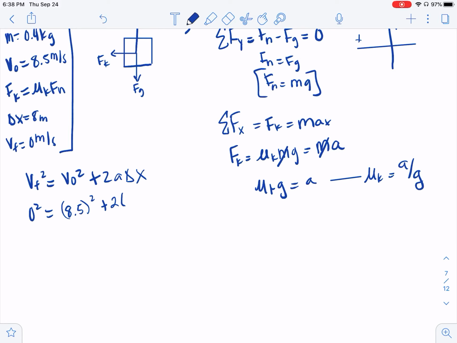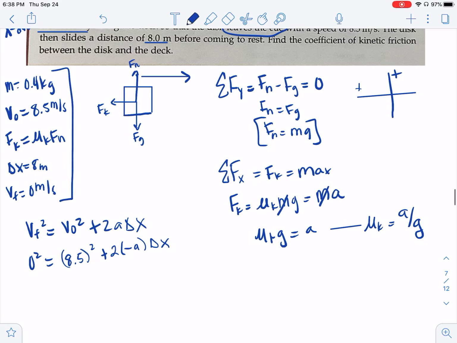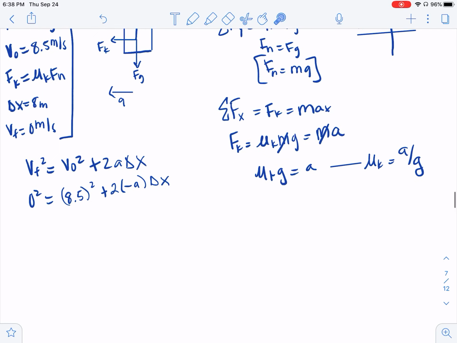I'm going to make my a negative here because they're going in different directions. Remember we said that this is velocity, but my acceleration is in the same direction as my force, so I'm just going to make them opposite. I know I'm not following this, but I am making them opposite. That's what matters. This one is positive, this one is negative because they're going in opposite directions.